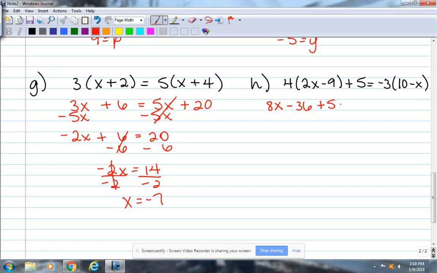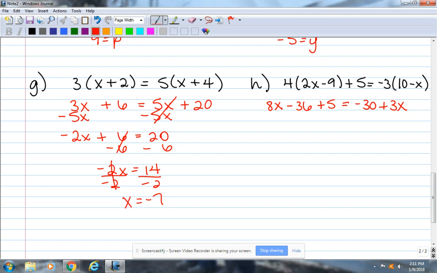It had nothing to do with the distributing part. And then on the right-hand side of the equals, I have negative 3 times 10 equals what? Negative 30. And be careful here. What is negative 3 times negative x? Positive 3x. Y'all are rock stars. I'm impressed. Yeah, negative times a negative is a positive, so make sure you put a plus 3x right there.